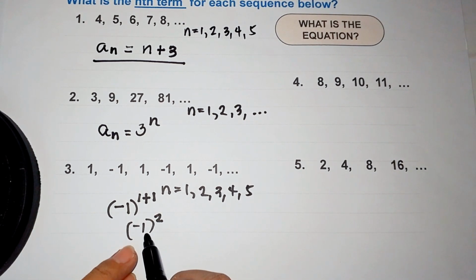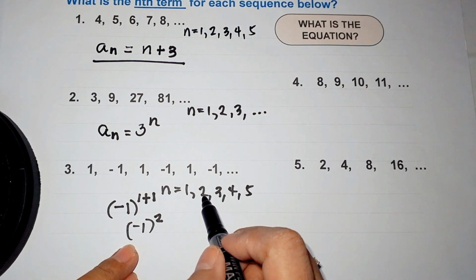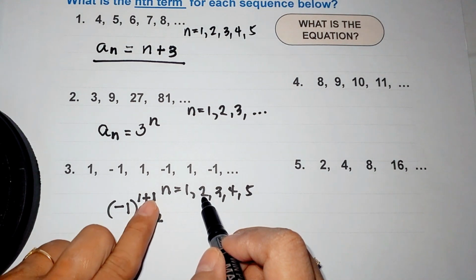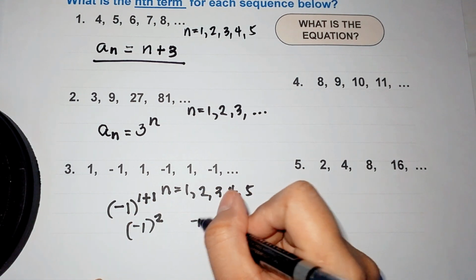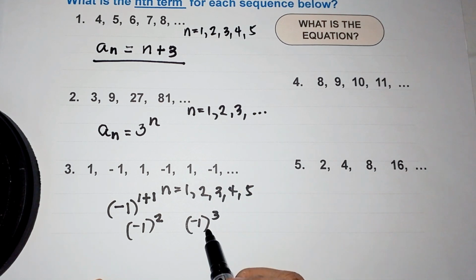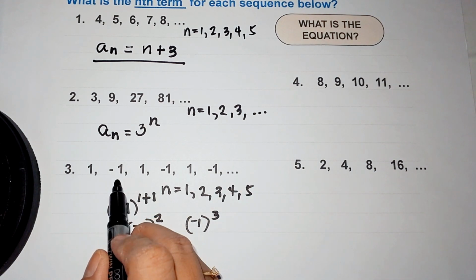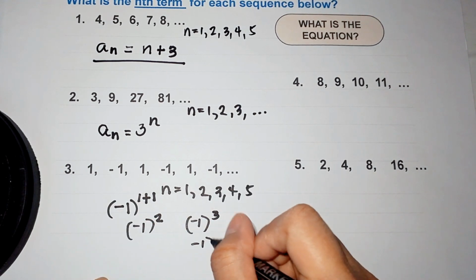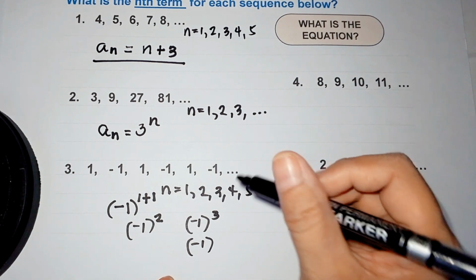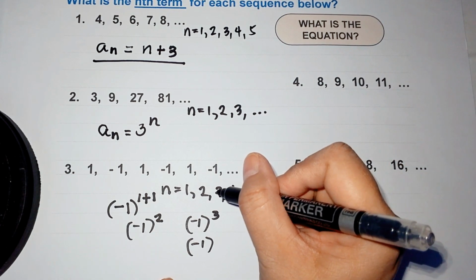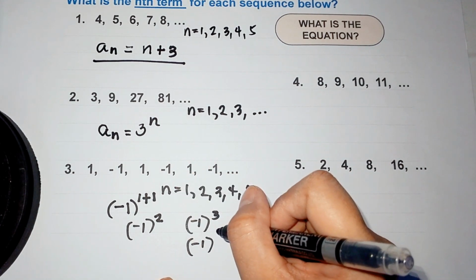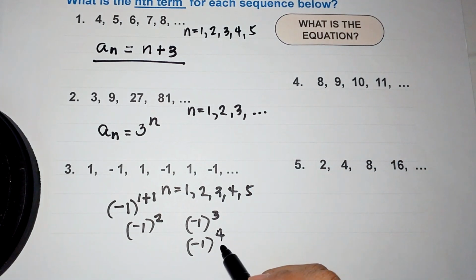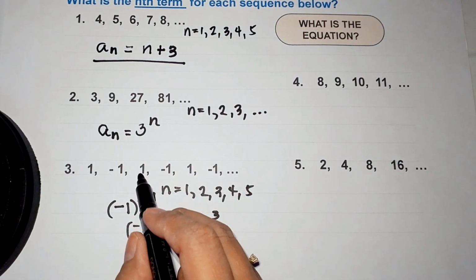Again, if we have negative 1 and we raise it to 2, then we also add 1, or negative 1 to the 3rd power, then we have negative 1. Then negative 1 raised to 3 plus 1, the 4th power, we have positive 1.